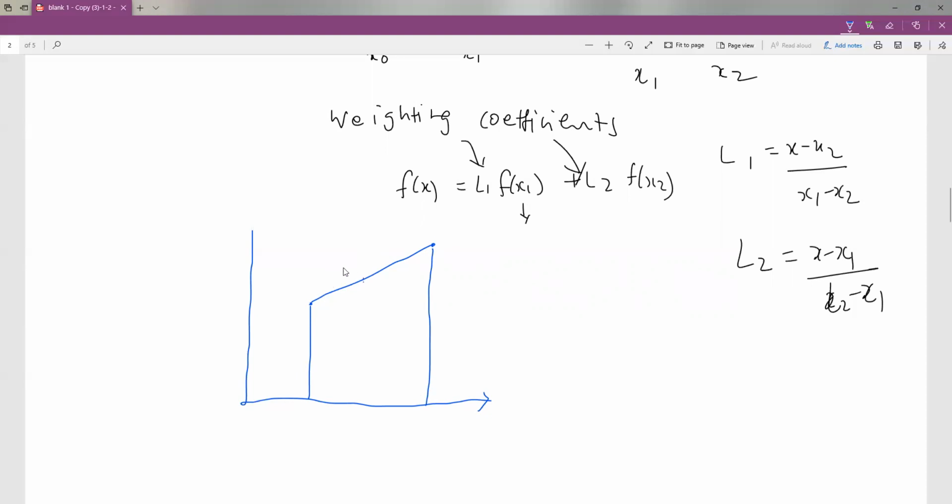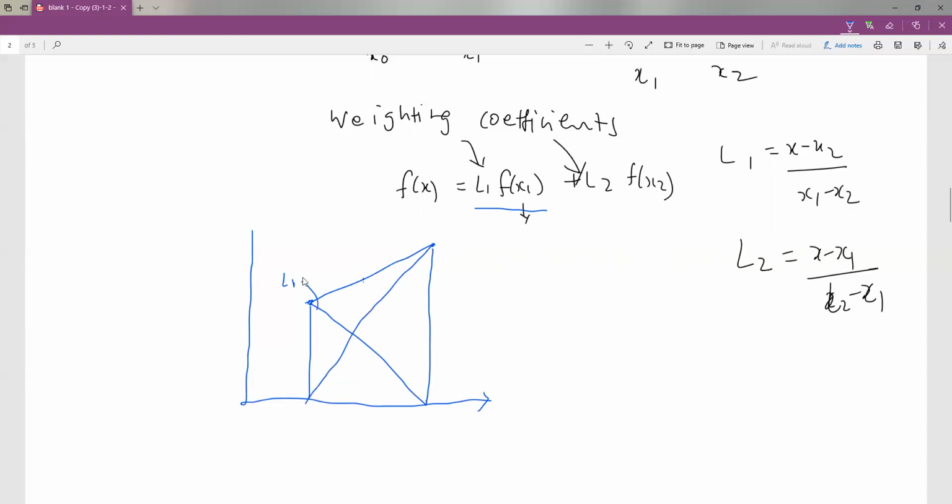The first term is L1, this is the function, and this is the second one.